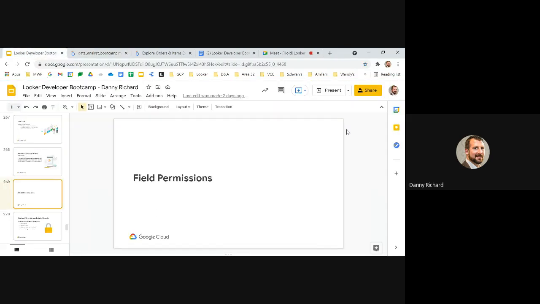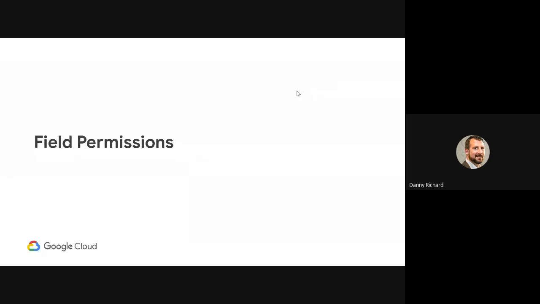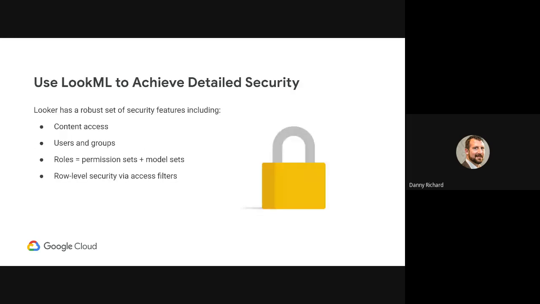Now we're going to talk about field permissions. Row level security is very useful, but often people also need to implement field level security. So far, we have reviewed how to manage access to folders, how to configure users and groups, how to control what people can do and with what data through roles, and how to implement access filters so users can only query a subset of the rows.